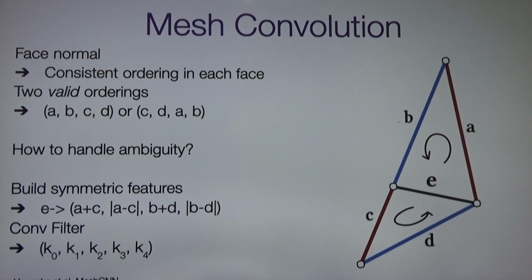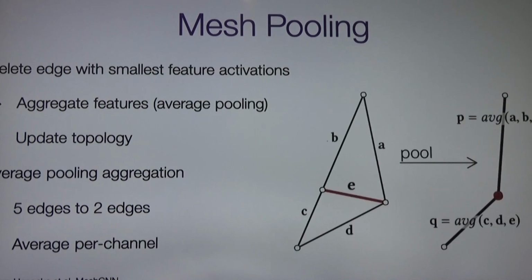In this way we are able to build 5 features and 1 free term. This gives us a 5-dimensional feature vector that characterizes these 2 triangles. Then we just convolve with learnable filter weights over these 5 features. This is the mesh convolution operation.